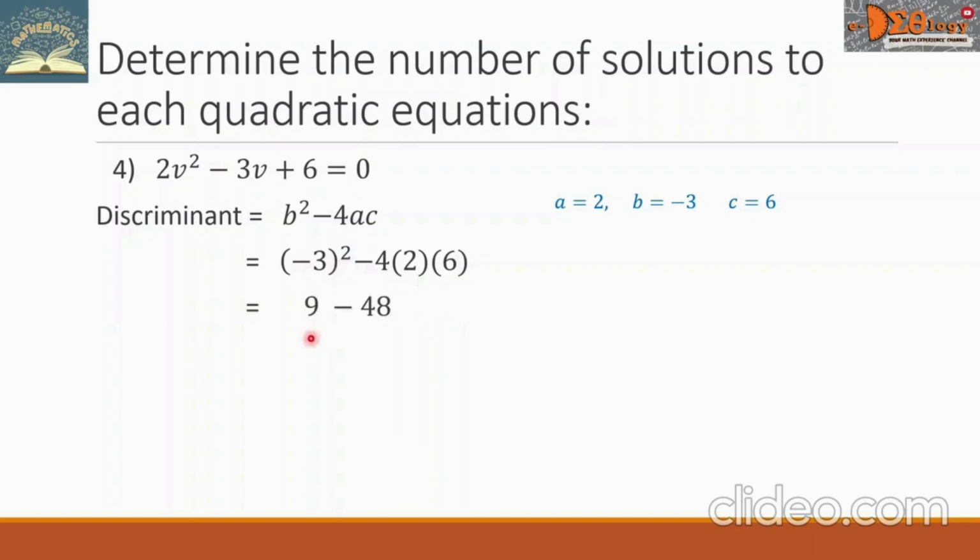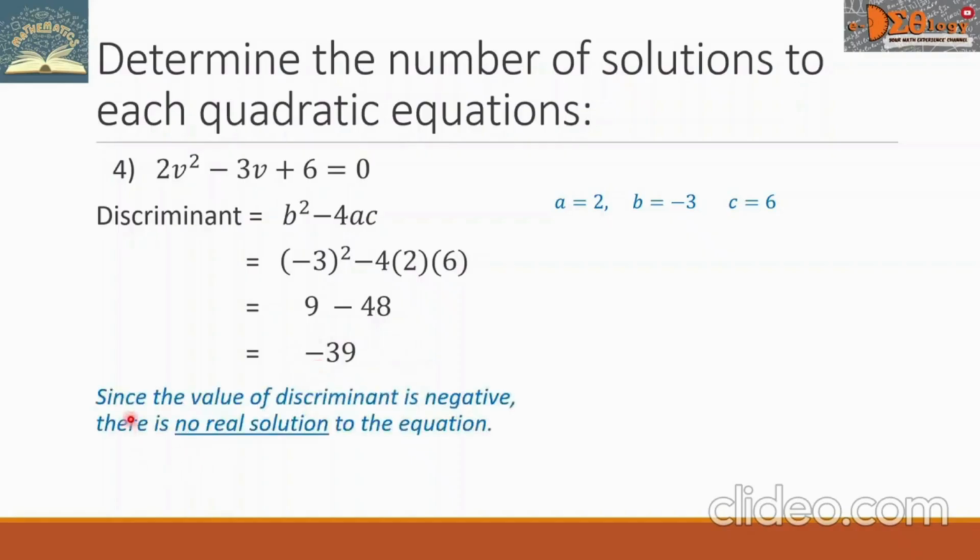Square of negative 3 is positive 9, minus the product 4 times 2 times 6, that is 48. 9 minus 48 is negative 39. We can see that the discriminant is negative. So we say, since the value of discriminant is negative, there is no real solution to the equation.